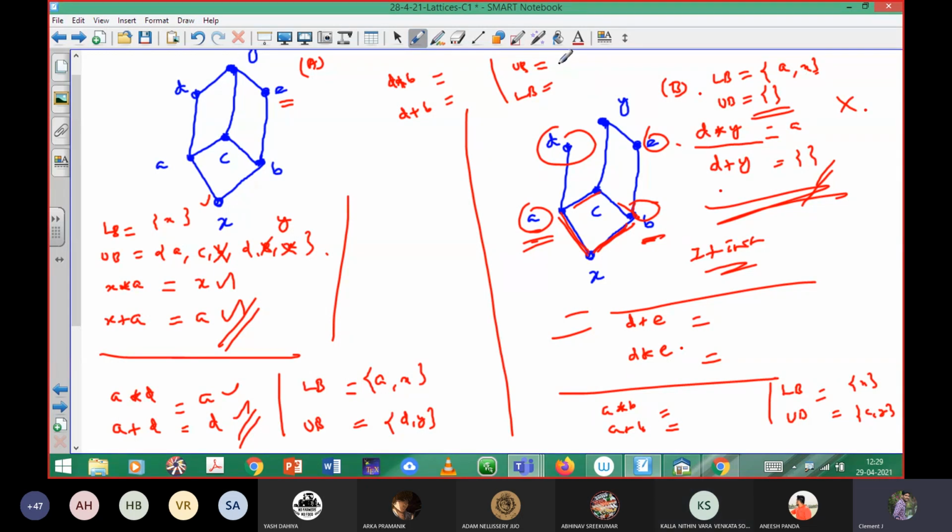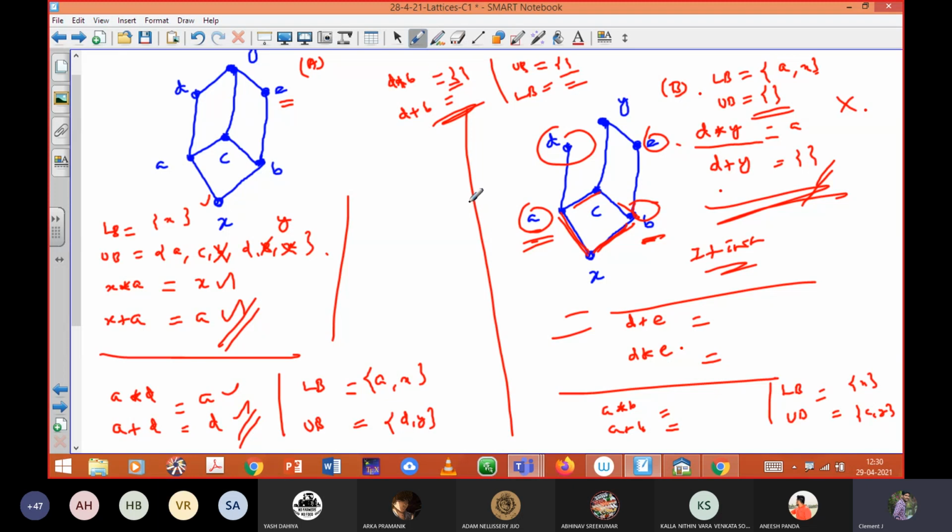Null. Empty set. Yes, very good. So here it is empty, so no need to proceed to the LUB. You can close it, because you are getting empty. Very good example. Likewise, you can predict the other pairs also. Have you understood this example?